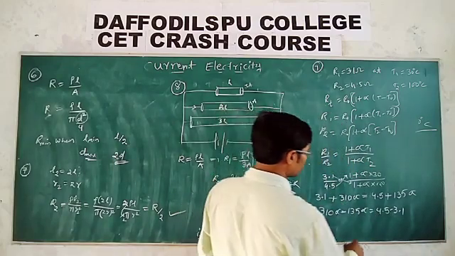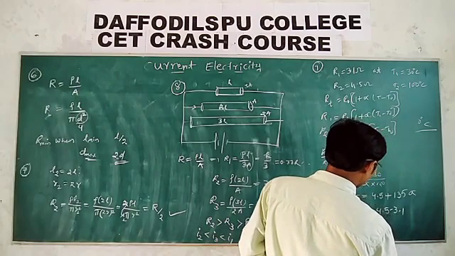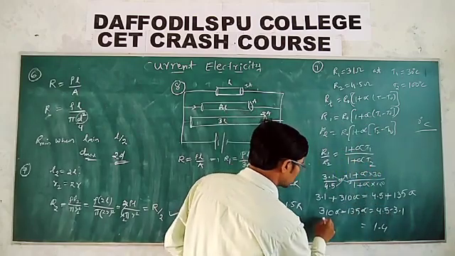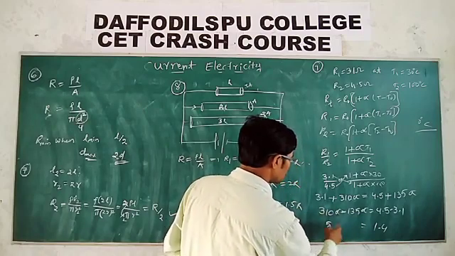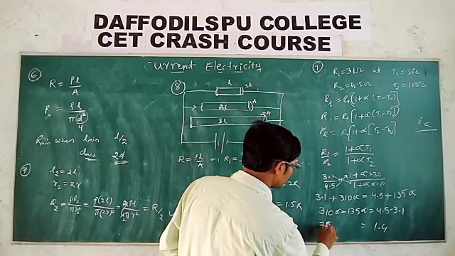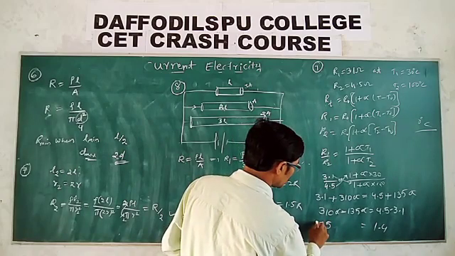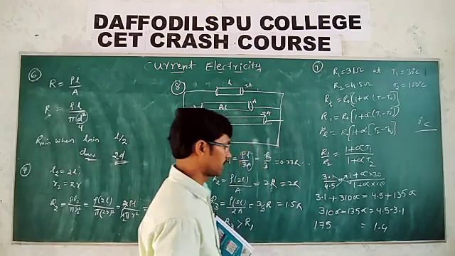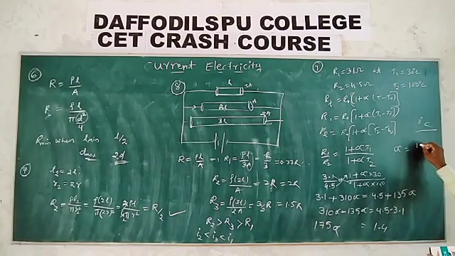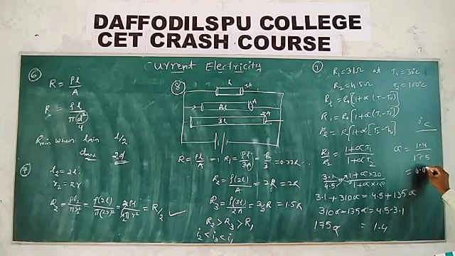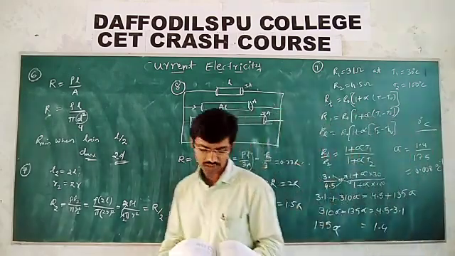So 4.5 minus 3.1 is 1.4, and 310 minus 135 is 175. So 175 alpha equals 1.4, and alpha is equal to 1.4 by 175, which is 0.008 per degree Celsius, which is the second option.